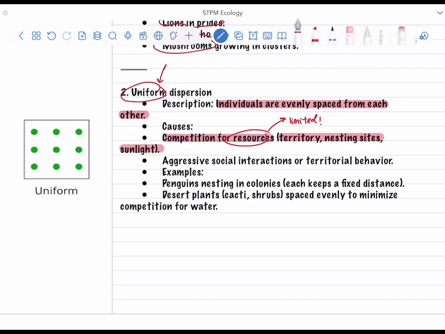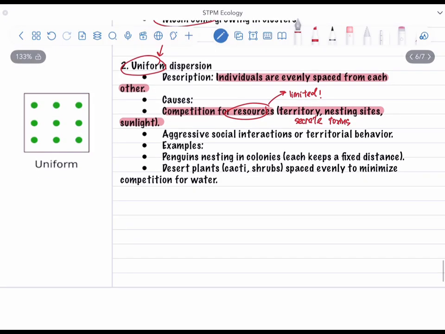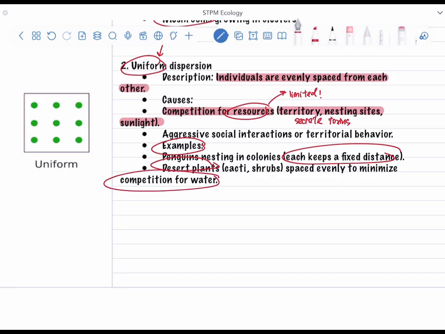That's why they want to secrete. For plants, they will secrete the toxin to inhibit the other plants from colonizing the area. So the examples will be penguins nesting in colonies, so they will keep each other at a fixed distance. And the examples for plants will be the desert plants, the cactus or shrubs, that space evenly to minimize the competition for water.